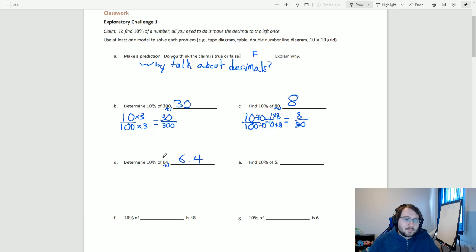Sam was like, in order to get from 10% to 100%, I needed to multiply my 10% by 10 to get to my whole. So if I want to get to my whole of 64, I'm also going to have to multiply my part by 10.